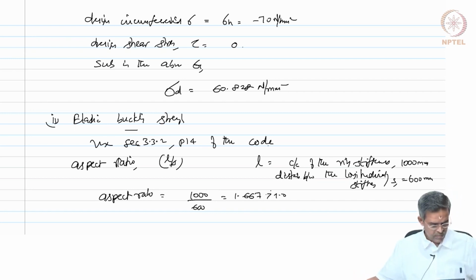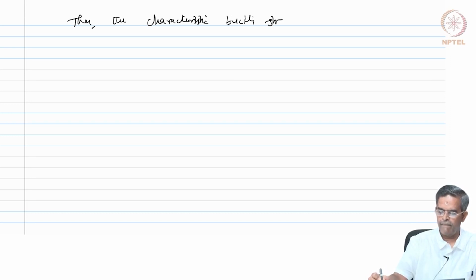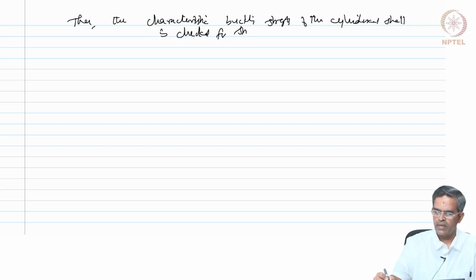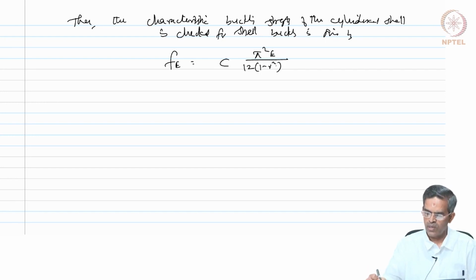When it is greater than 1, then the characteristic buckling strength of the cylindrical shell for shell buckling is given by Fe is C times of pi square E by 12 into 1 minus nu square, times T by L the whole square.